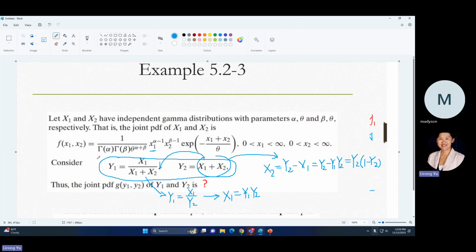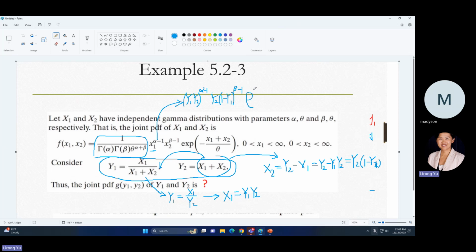Right, so now you keep this part in your final joint density. You're also going to replace that by y1, y2 to the alpha minus 1 power. You replace that one by y2 times 1 minus y1, to the power of beta minus 1.